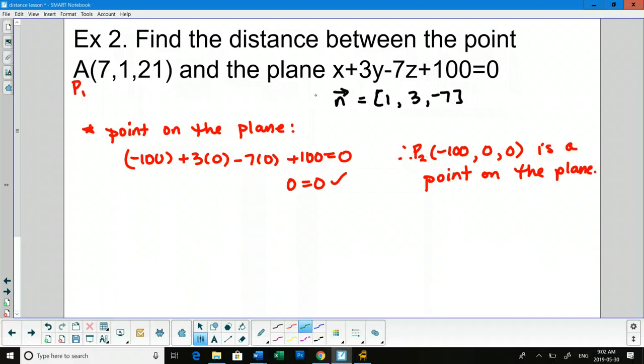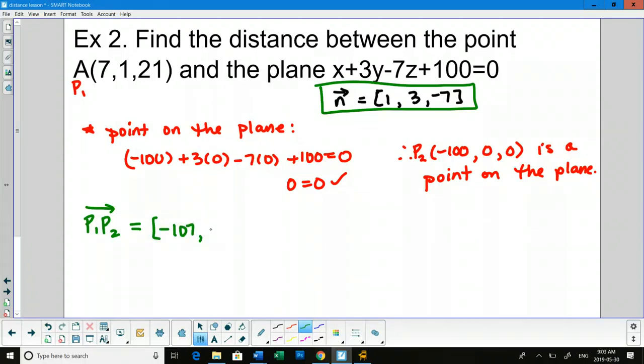Okay, so we have our normal that we're going to use for our projection. I also need the vector P1P2, the vector that connects the point and a point on the plane. So I'm going to do P2 components minus P1 components. That gives me -107, -1, and -21.